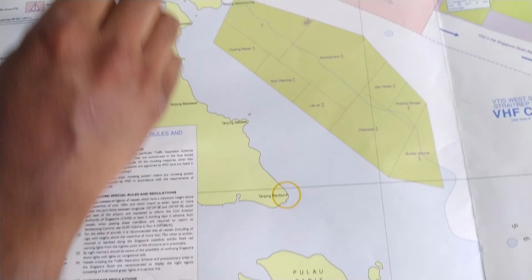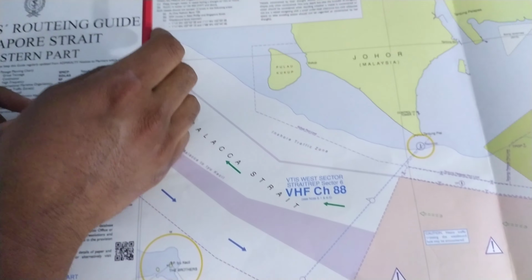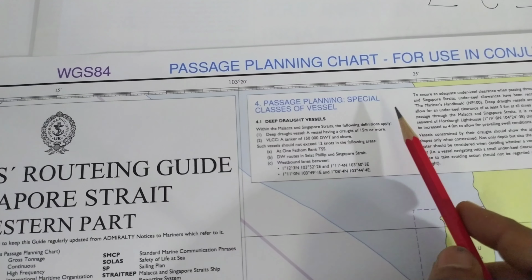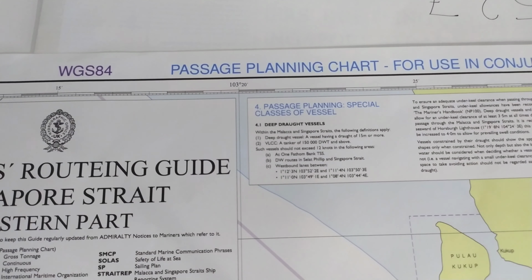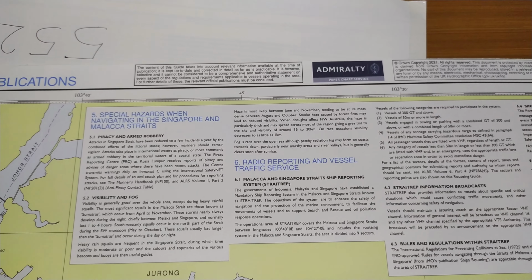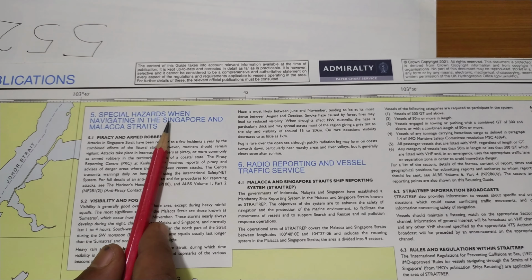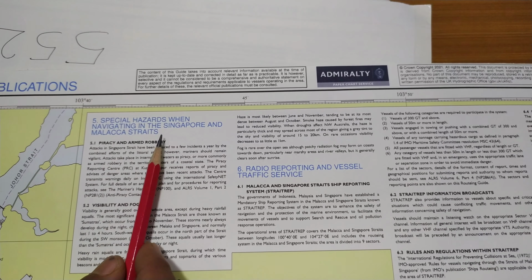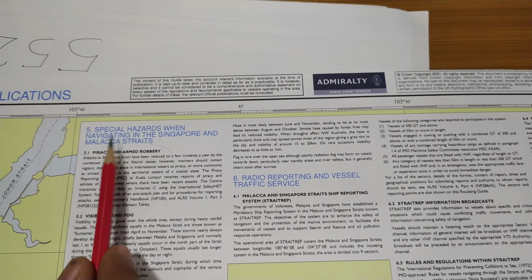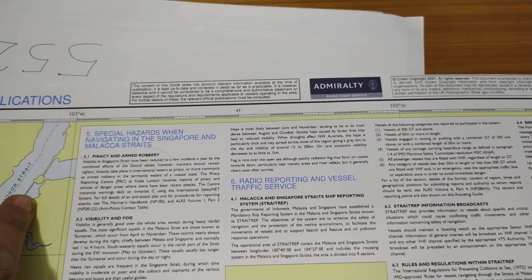Then comes passage planning for a special class of vessels. Then comes the special hazards when navigating. In Singapore, normally visibility and fog and piracy are two major concerns.